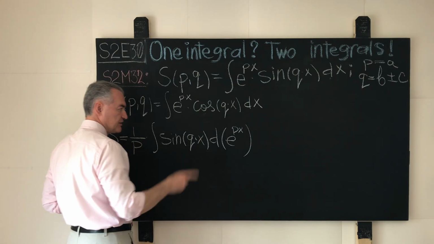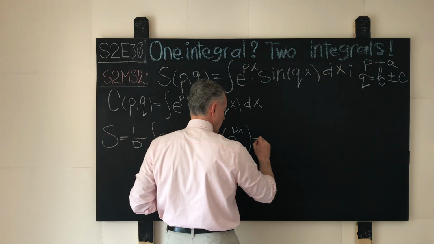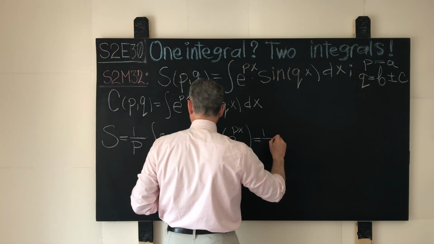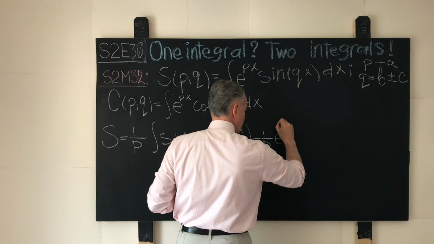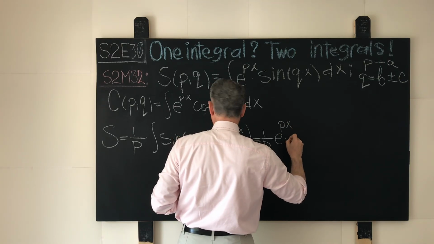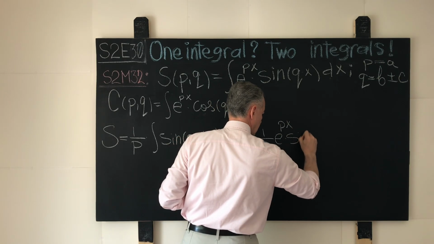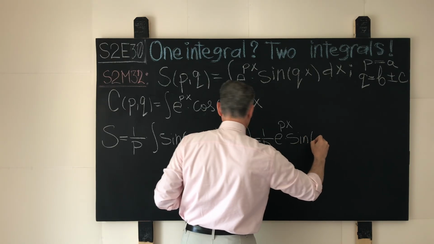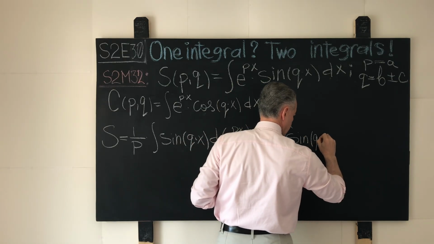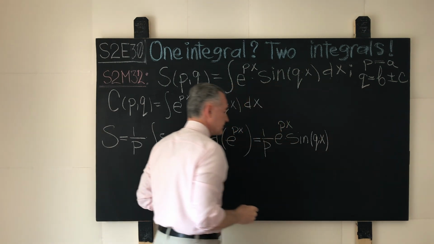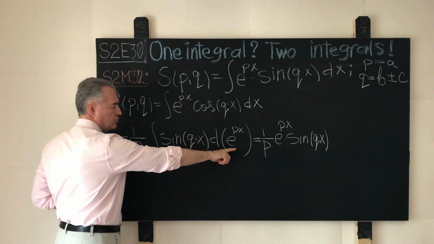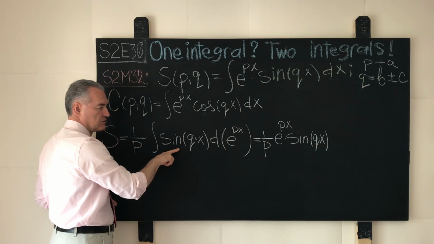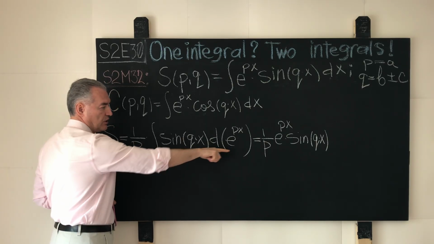So once we spell it out once, what do we have? We have 1 over p e to the power px times sine evaluated at q times x, and then what? Minus u du and v, right?